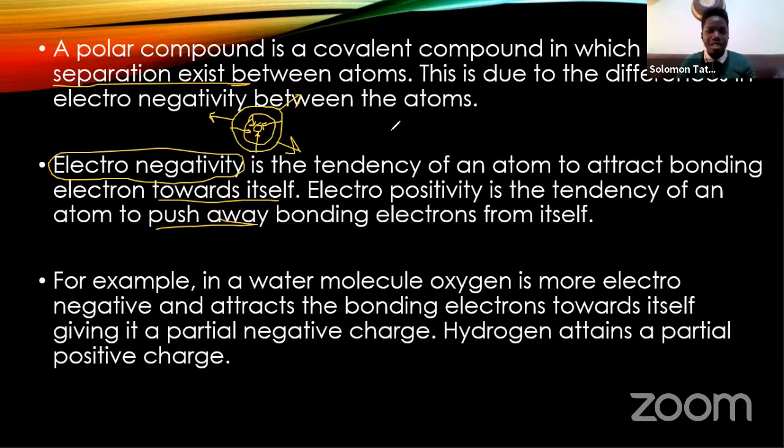Instead, it pushes them away due to the many electrons in the other orbitals. That's the easiest way I can explain electropositivity and electronegativity. If you find time, you can read more about it. There are nice videos that explain it way better than me. Any questions on this?